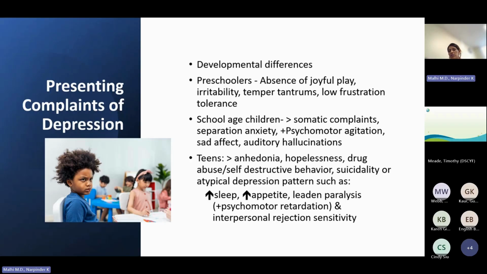In teenagers there is more anhedonia, like decreased interest in activity, or maybe more suicidal ideations. Sometimes it can present atypically, where the teen is sleeping more, has a lot of appetite, is slow all the time, and is very sensitive to any type of interpersonal conflict. Those are the symptoms that can be present when you are assessing children for depression.